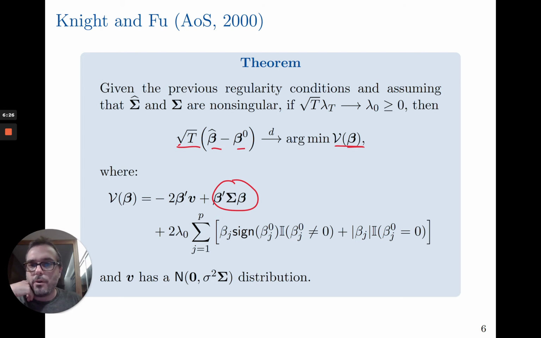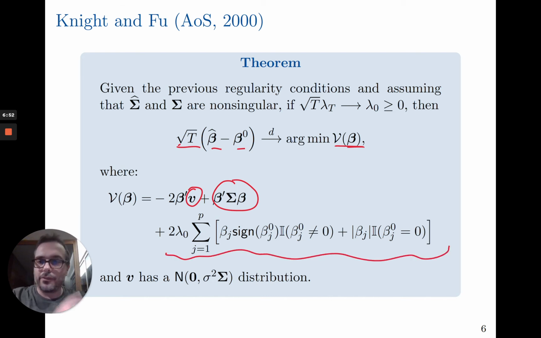And there's a component here that depends on a random variable, W, that's a multivariate Gaussian variable. So what we see is that the distribution, okay, of beta hat will be something that's a Gaussian plus this additional term here, which will serve as a kind of a spike.